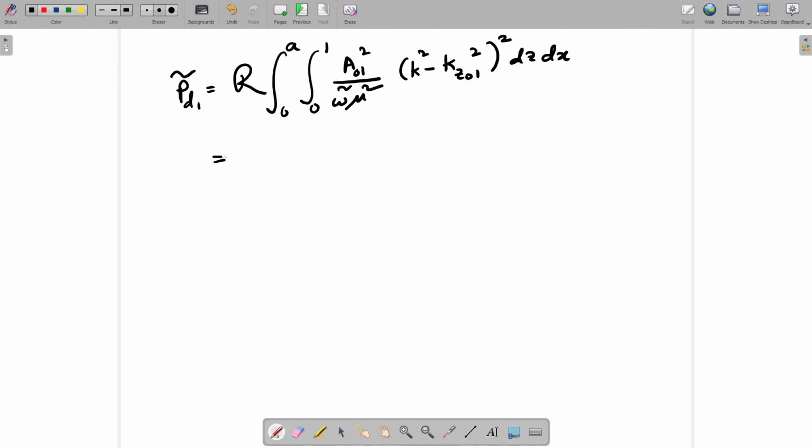And when we perform this integration, it becomes A R A01 square by omega square mu square, k square minus kz01 square whole square.